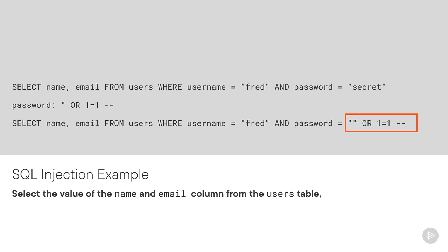However, the only thing now that needs to be true is that the username equals Fred. And the attacker doesn't need to know the password in order to retrieve the name and email. This is an example of a SQL injection attack where the payload is double quotes or 1 equals 1. In the next clip, let's take a look at all the different types of SQL injection that exist.